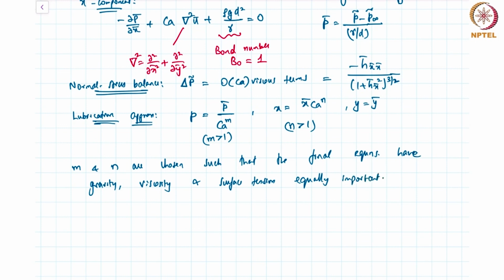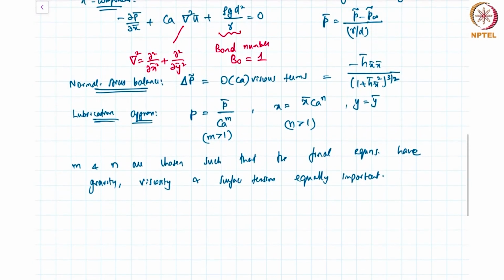So the idea is that when we do the analysis, we want to do it in such a way that all the three forces, gravity, viscosity, and surface tension, are all equally important. And if we want all these forces to be equally important, we can determine the values of m and n.